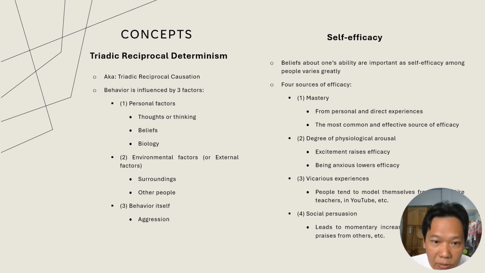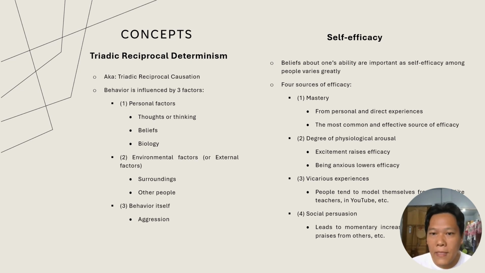For the personal factors, an example of this is thoughts or thinking, and it includes our belief, our biology as well. And then environmental factors would be our surrounding, other people that actually influence the way we think and we can use for learning. Also, behavior itself is aggression.